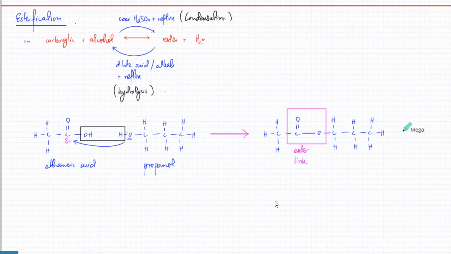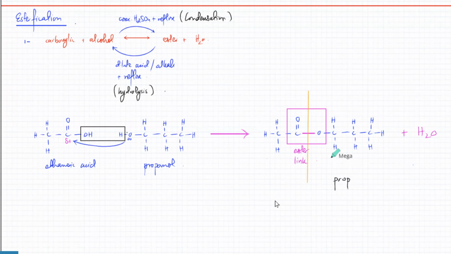Okay, so this is your O-level reaction. A water molecule is going to be produced as a byproduct. How do you name the molecule? You name the molecule in two parts. You divide the molecule in two parts. One part is 3 carbon atoms, so that's prop.